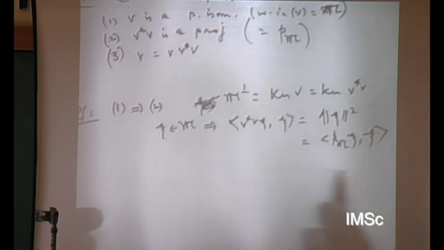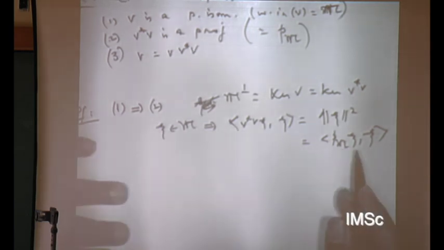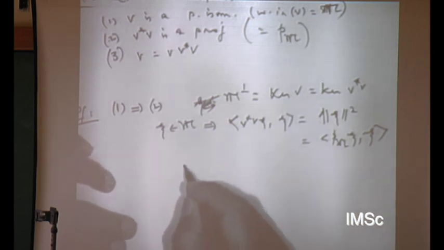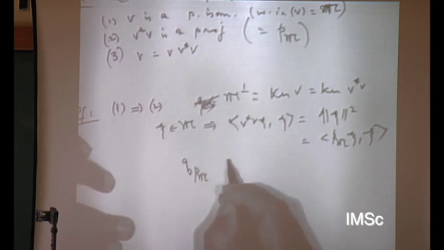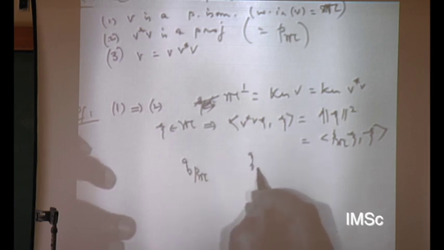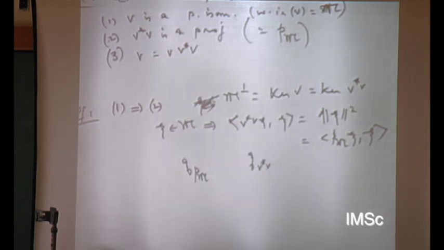Okay, so what is this? This shows that the quadratic forms of Pm and the quadratic form of V star V, see, quadratic forms are continuous, right?